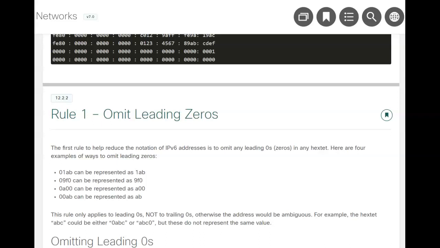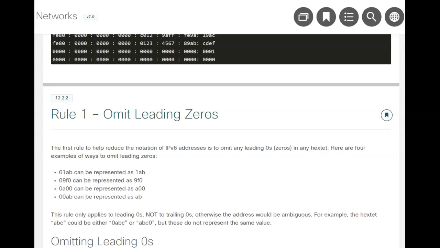To give you a rough idea, and remember it's leading zeros: 01AB can be represented as 1AB. 09F0 can be represented as 9F0. 0A00 can be represented as A00. And 00AB can just be represented as AB.